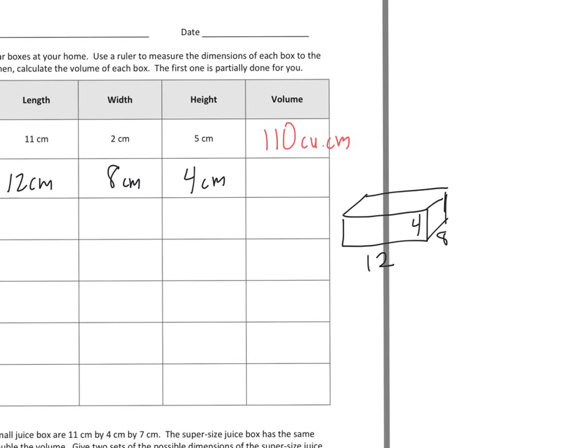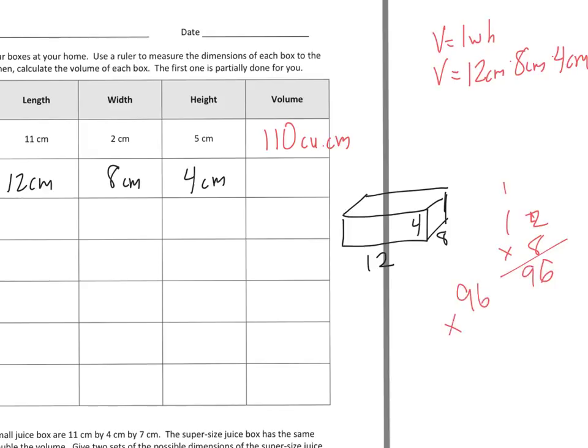So now I'm going to calculate this out, again using my formula. It's length times width times height. I know my length is 12 centimeters by 8 centimeters by 4 centimeters. So now I'm going to pick two of those to multiply together, and I'll do 12 times 8 to give me 96, and then I've got to do 96 times 4.